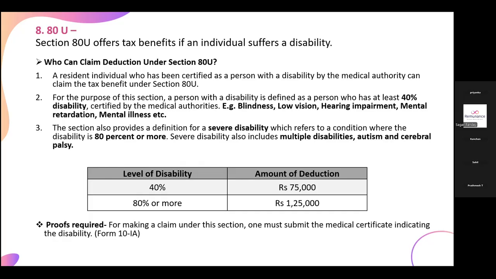The types of disability can be blindness, low vision, mental illness, etc. Again, here the exemption is based on the level of disability. If it is 40%, you will get exemption up to rupees 75,000. If it is 80% or more, you will get exemption up to rupees 1,25,000. Again, you have to submit Form 10IA as proof to claim for 80U.